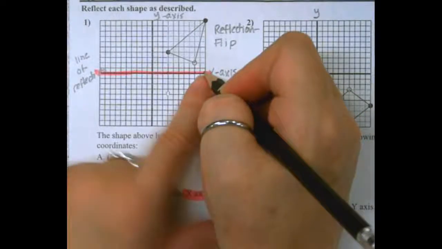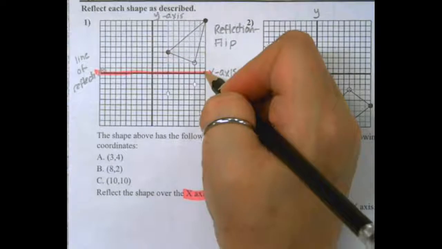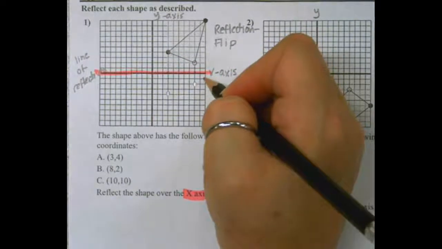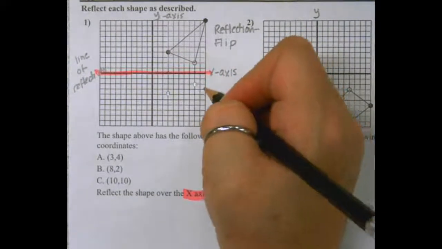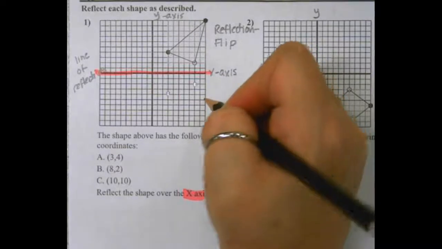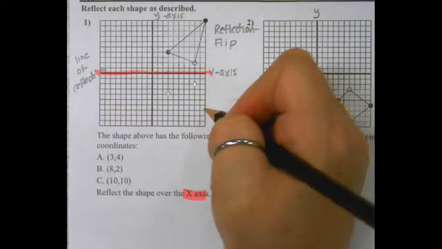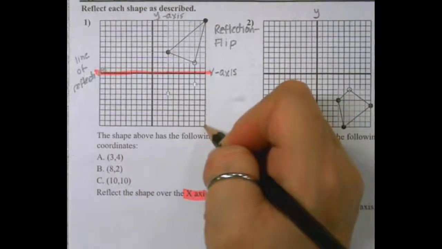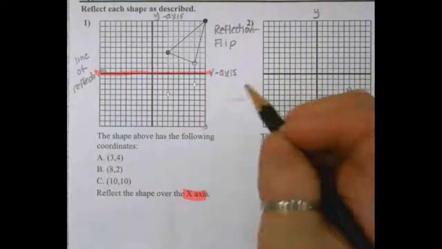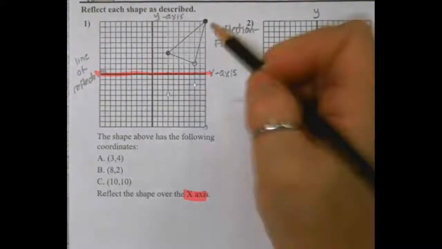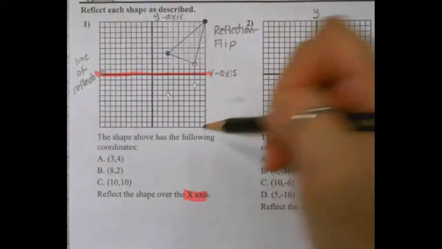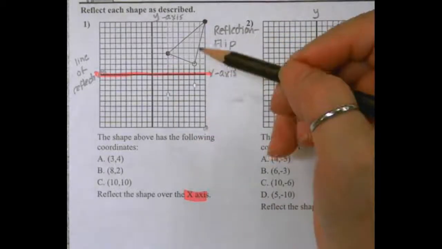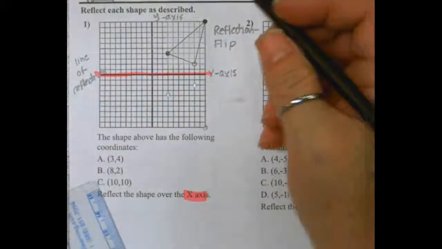Now, to fix it on the other side, I have to count 10 again. 1, 2, 3, 4, 5, 6, 7, 8, 9, 10. So that gives me my third point right at the corner. If you notice, it's on the corner here, went all the way to the corner on the other side of that line. Making sense so far?